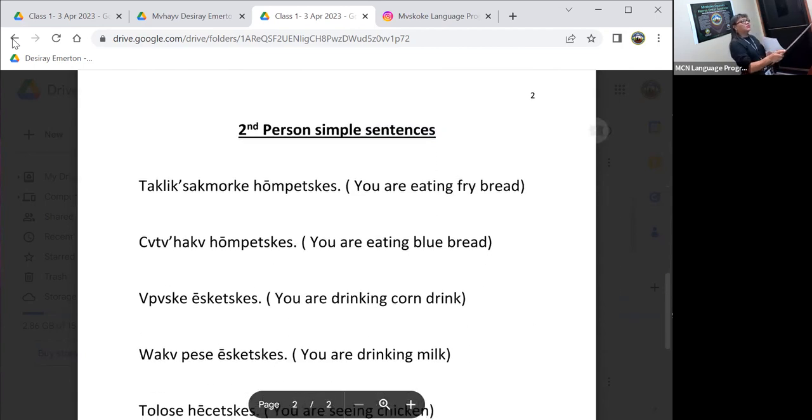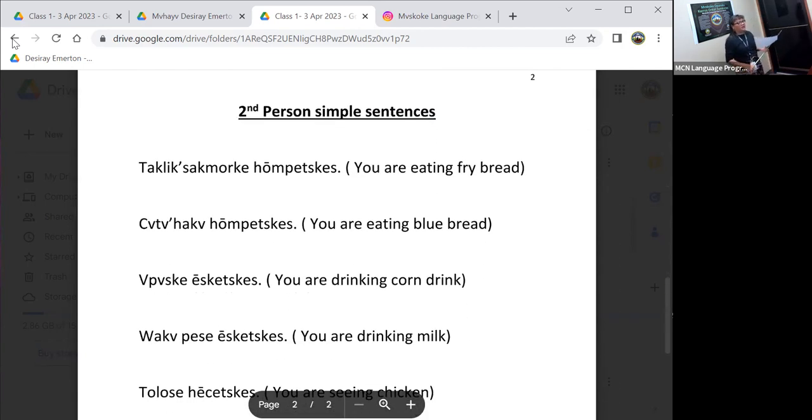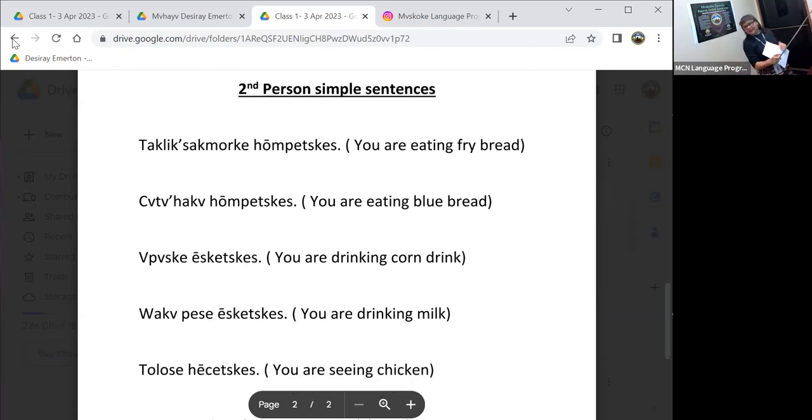Here are more simple sentences, and if you notice, they're all our foods, because I knew we were going to be eating and drinking in module 1. Okay. Taklek sakmolki hombitskis. You are eating fry bread. Tadahaga Mvskis. You were eating blue bread.